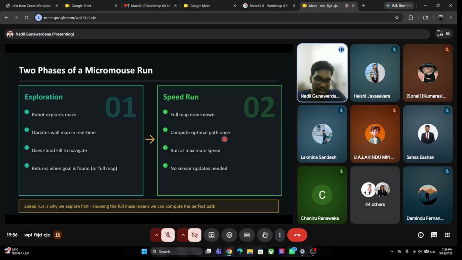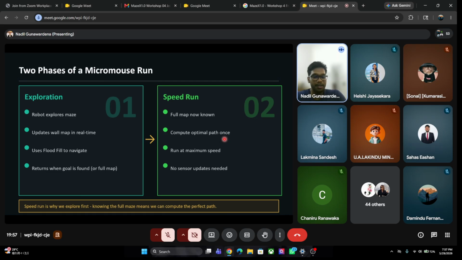So you can get many runs in the given time frame, and the run that takes the least time is considered your best run, and the marks are given to that run. So that's why there are two phases: the exploration phase and the speed run phase.